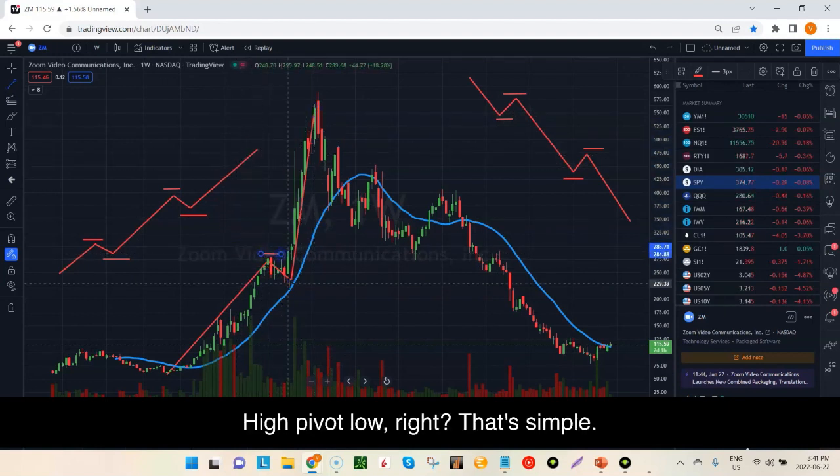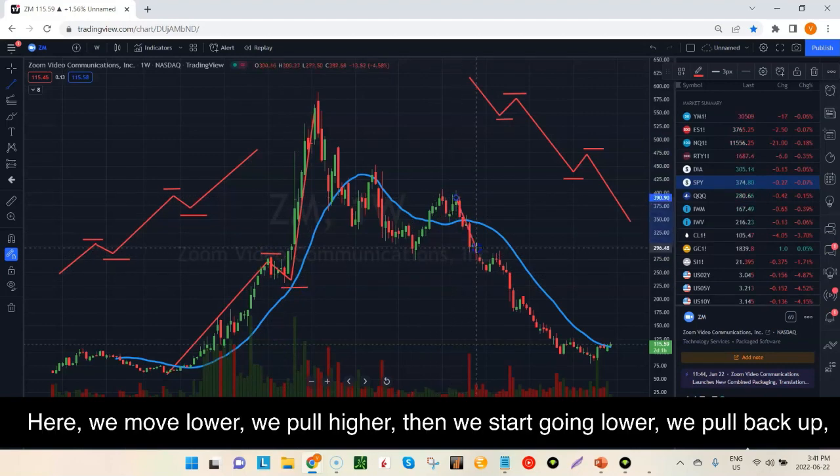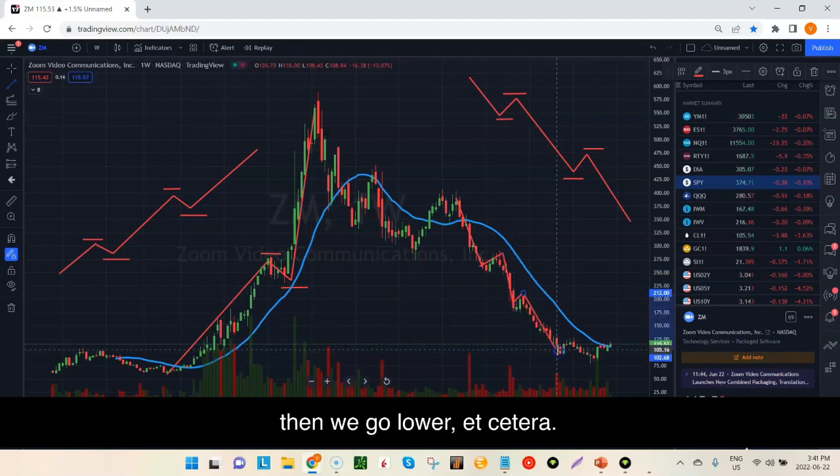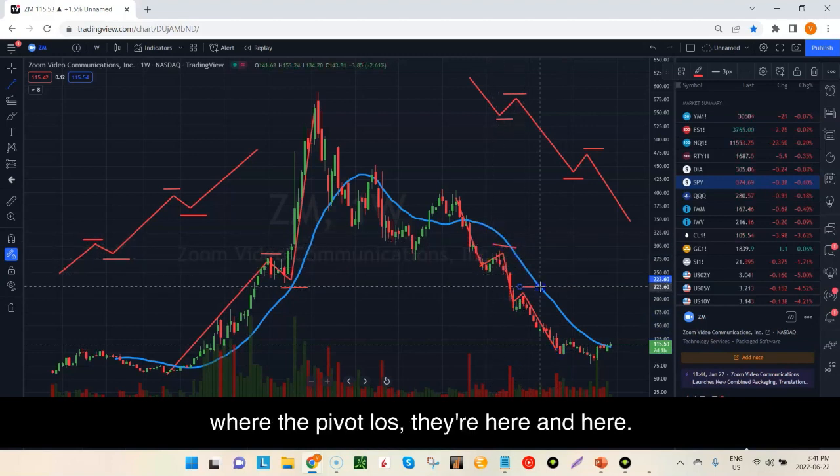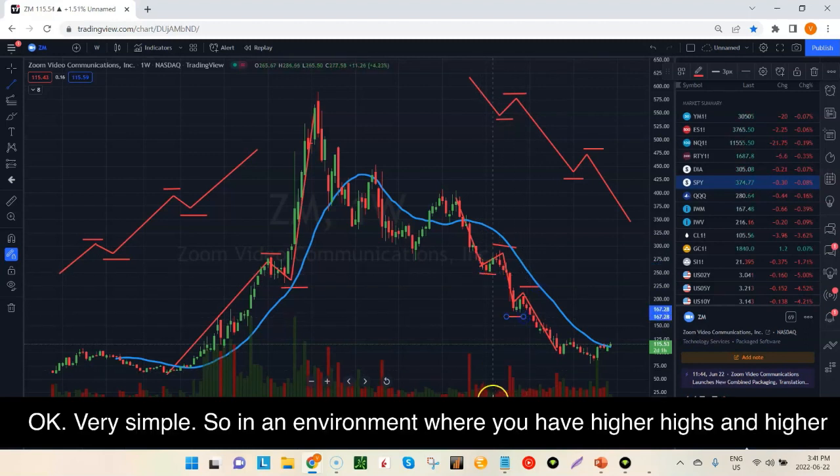Pivot high, pivot low, right? That's simple. Here we move lower, we pull higher, then we start going lower, we pull back up, then we go lower, etc. So where are the pivot highs? They're here and here. Where are the pivot lows? They're here and here. Okay?